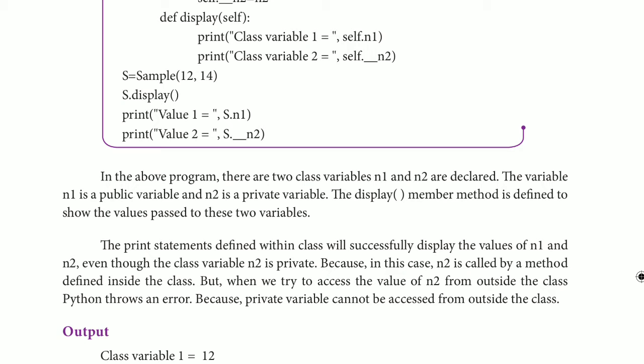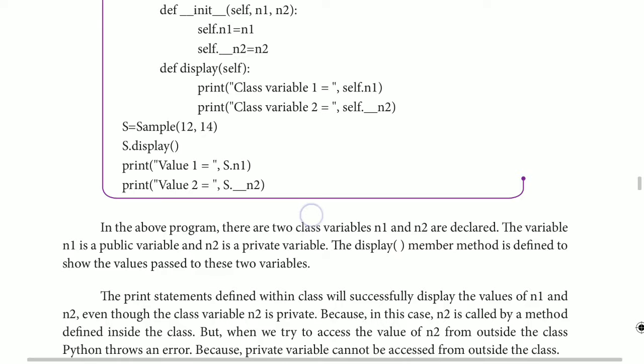The print statement defined within the class will successfully display the values of n1 and n2, even though the class variable n2 is private, because in this case n2 is called by a method defined inside the class. But when you try to access the value of n2 from outside the class, Python throws an error because a private variable cannot be accessed from outside the class.